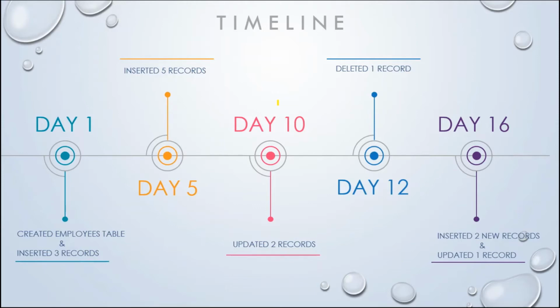We can easily go to the snapshot that was there of the employees table on day 10, and we can see all the changes which happened from day 1, then day 5 and up to day 10. Even if someone says, show me just the snapshot of the employees table that was there on day 1, this is also possible in a similar fashion.